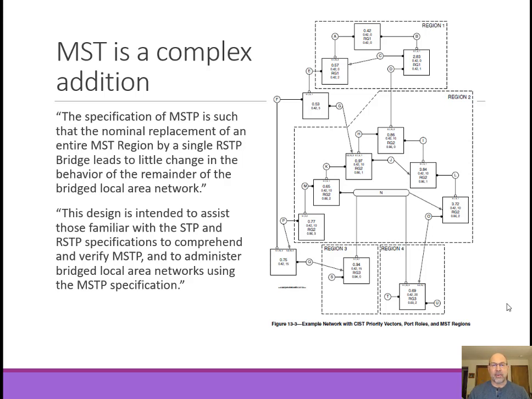The specification of MSTP is such that the nominal replacement of an entire MST region by a single RSTP bridge leads to little change in the behavior of the remaining of the bridge local area network. So you could replace an entire region with a single switch. But what you're trying to do is set up forwarding regions that control the way traffic is forwarded for a particular set of networks or VLANs. The design is intended to assist those familiar with STP and RSTP specifications to comprehend and verify MSTP and to administer bridge local area networks using the MSTP specification.